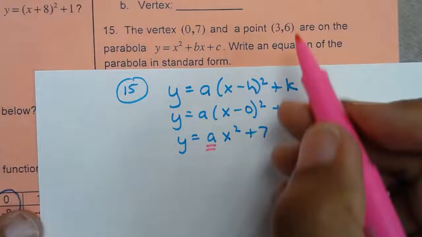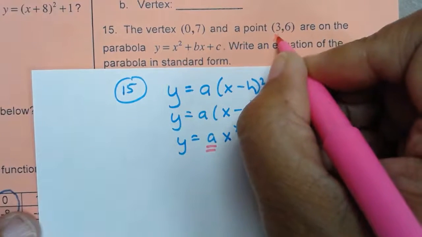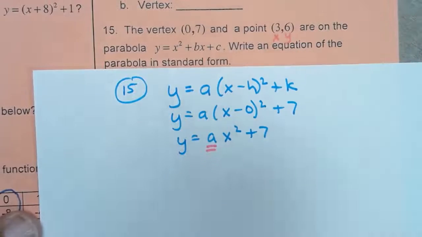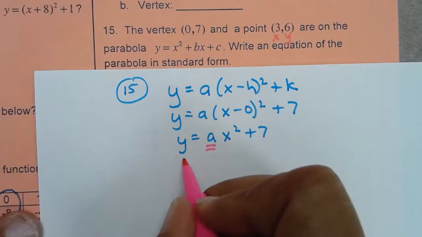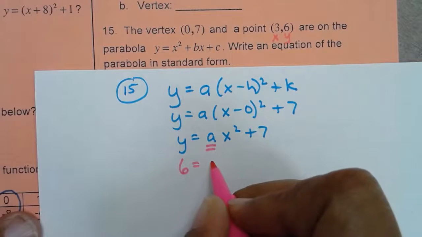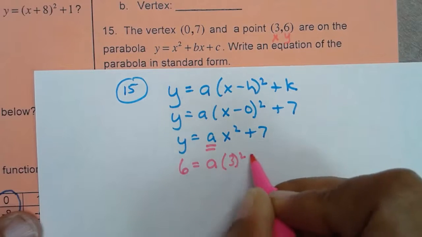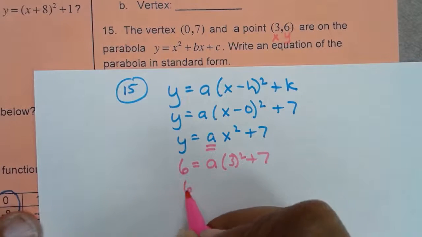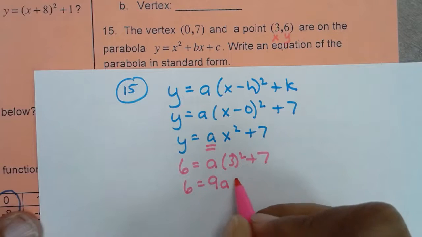Well, to find that, I have a coordinate, 3, 6. So I'm going to plug in 3 for my x and 6 for my y. So here we go. Plugging in, my y is 6. A is going to stay, that's what I'm solving for. X is 3 squared plus 7. All right, so 3 squared is 9, and usually you write your coefficient before your variable.